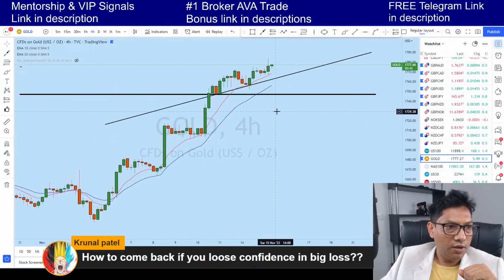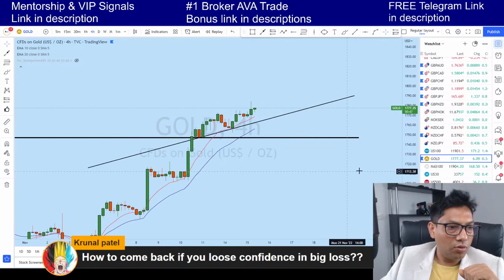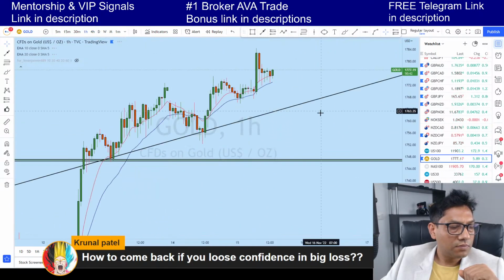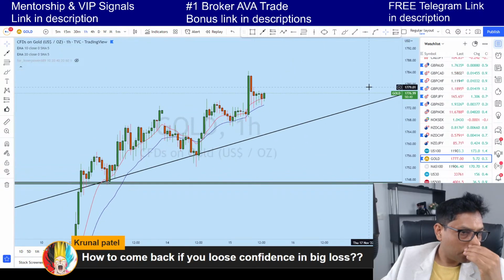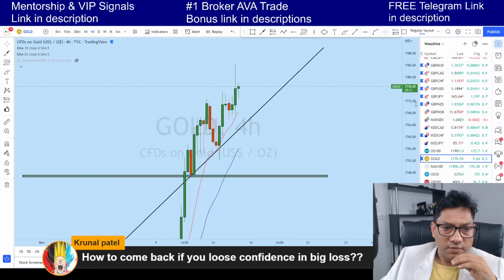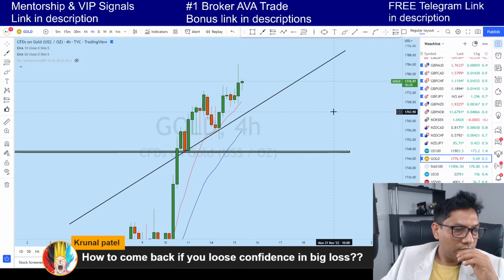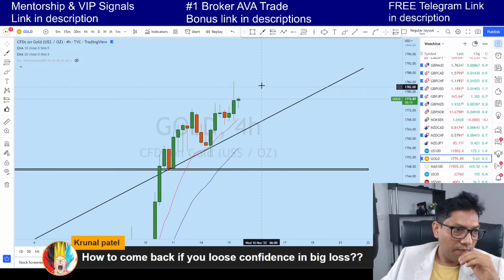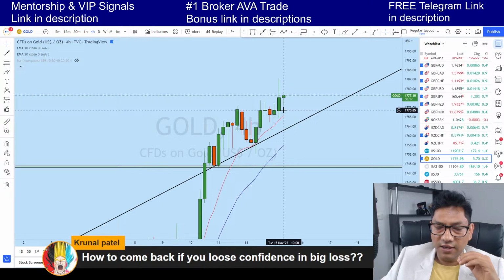Okay, so let's look at gold again. We see some movement on gold. This candle on gold is in fact a bullish candle.